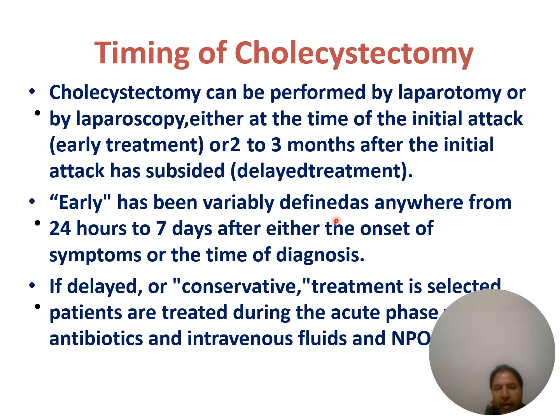Early has been variably defined as anywhere from 24 hours to 7 days after either the onset of symptoms or the time of diagnosis. If delayed or conservative treatment is selected, the patients are treated during the acute phase with antibiotics and intravenous fluids and NPO.